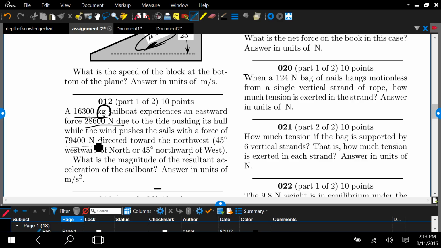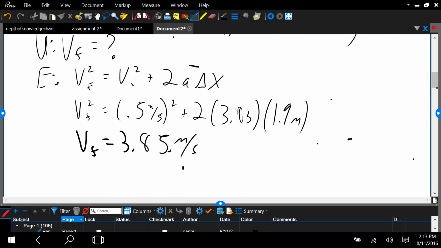So we can look at this, because this is going to be another triangle problem mostly, a little bit of physics, but most of it is reviewing some geometry. And so we have two forces. One is to the east, and one is to the northwest. And so the numbers are 28,600 newtons is one force, and the other is 79,400, which is much more force involved. So I get those numbers down here.